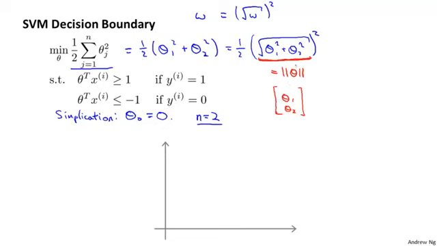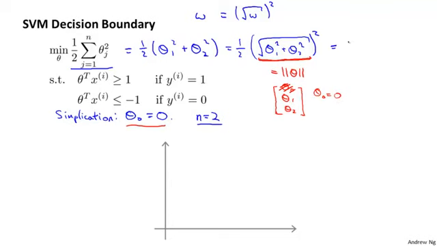In fact, this is equal to the length of the vector theta whether we write it as theta 0, theta 1, theta 2, with theta 0 equal to 0 as I assume here, or just theta 1, theta 2. But for this line I'm going to ignore theta 0, so let me just write the norm of theta as theta 1, theta 2 only. But the math works out either way, whether we include theta 0 or not, so it's not going to matter for the rest of our derivation.